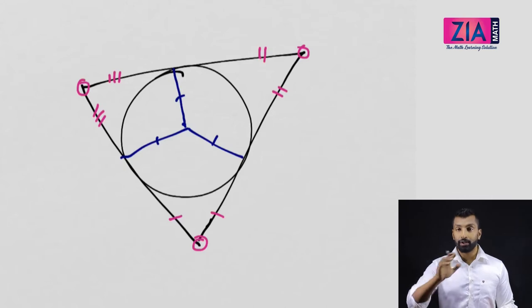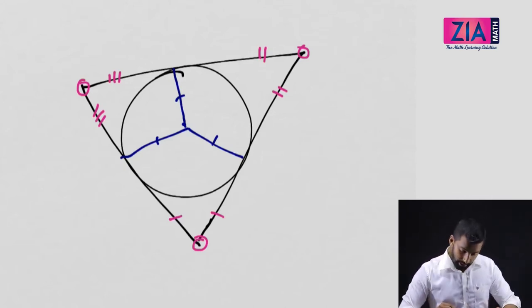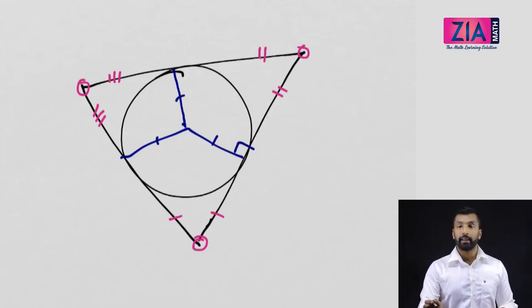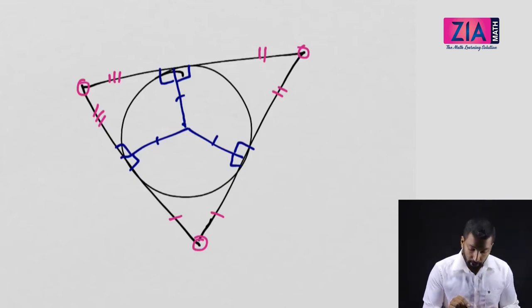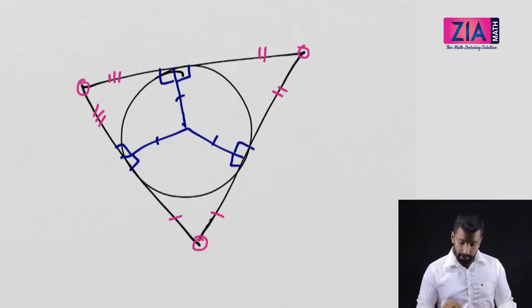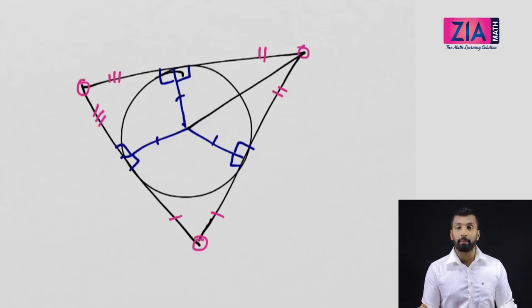The advantage is you will get the angle as 90 degrees, right? That's our theorem. So this angle is going to be 90 degrees. So these are 90. Then this is going to be very easy for you. So this is also going to be 90. So all these are 90 degrees. Then I have told you this line, if you draw this diagonal, this is the angle bisector.